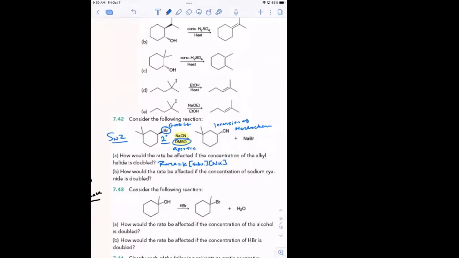So now, how would the rate be affected if the concentration of the substrate was doubled? It would be double the amount. Yeah, the rate would double.